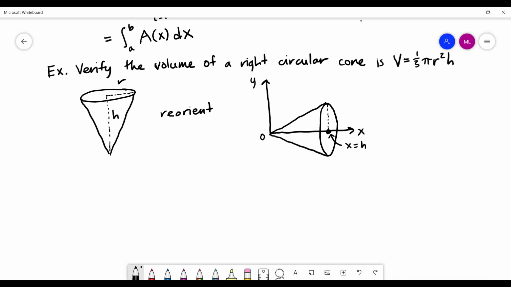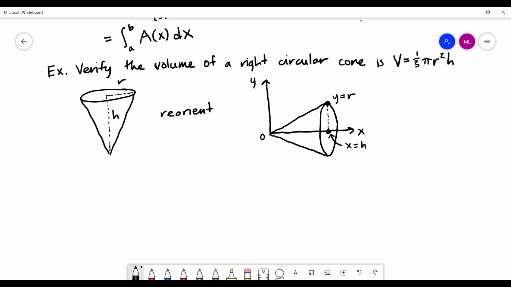The radius at this point has a height of y equals r. And so we have that point, h comma r, h in the x direction, r in the y direction.